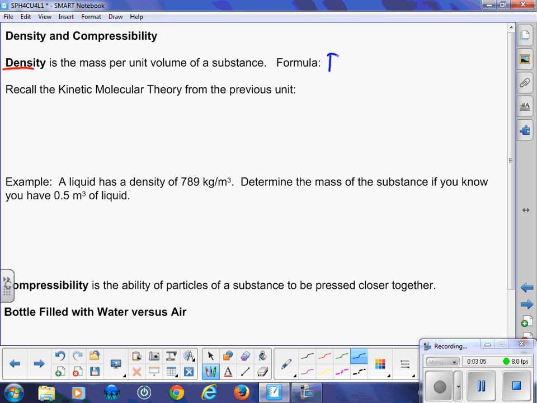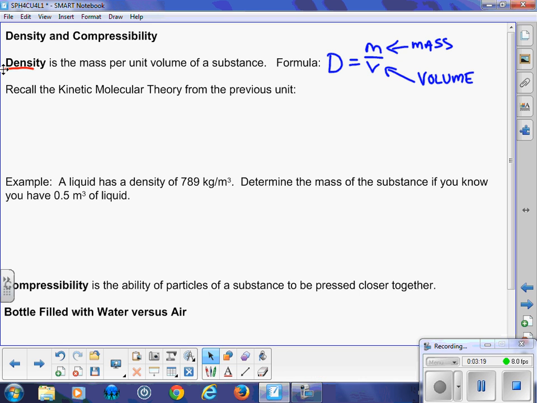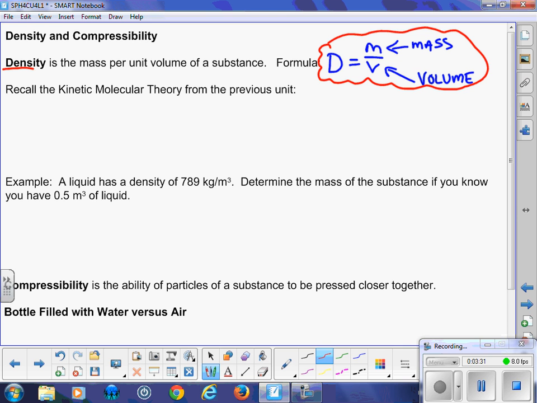Density, using capital D, is equal to M over V, where M is your mass and V is your volume. There is your formula, and you can rewrite it in whatever form. At this point, I'm just going to leave it there. Make sure it makes it onto your formula sheet, because you will need it a little bit later on.